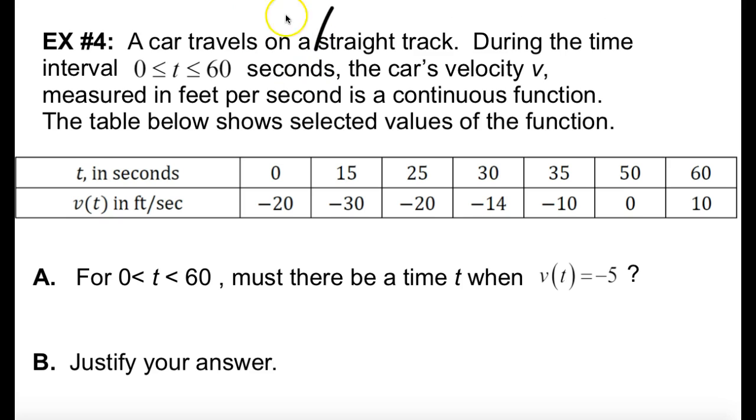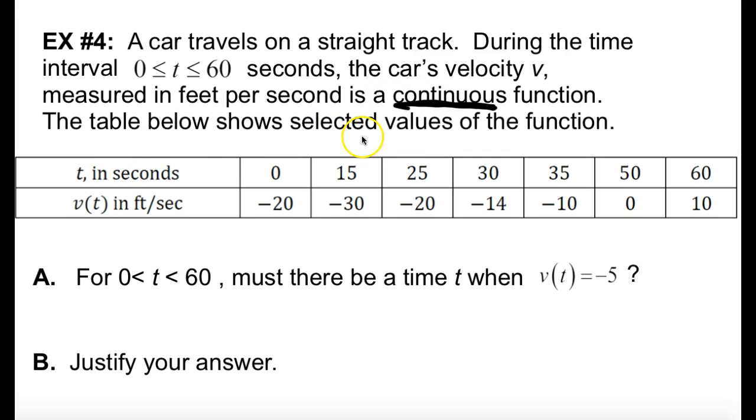Whenever you see something that says continuous, you should think we're probably going to be using some type of theorem, either the intermediate value theorem, or the one we're going to talk about in the next lesson, the mean value theorem. Continuous is key here.